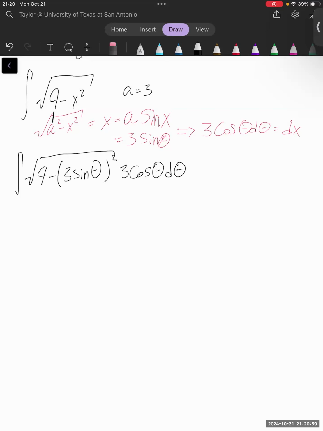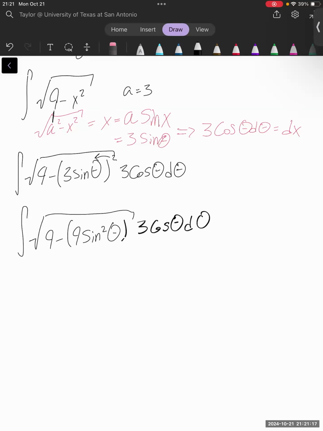So this gives me the integral of the square root of 9 minus 9 sine squared theta, times 3 cosine theta d theta. I'm going to factor out a 9 from both of these expressions and then pull it out of the radical.